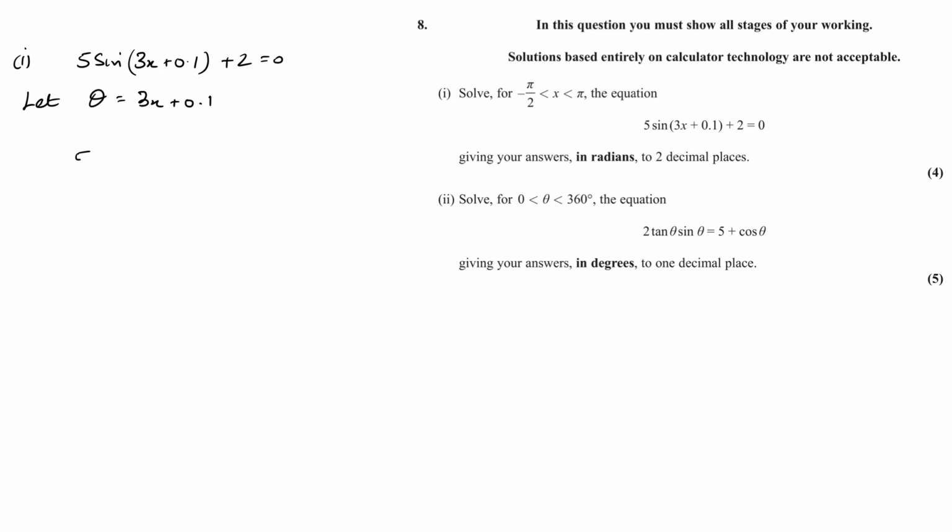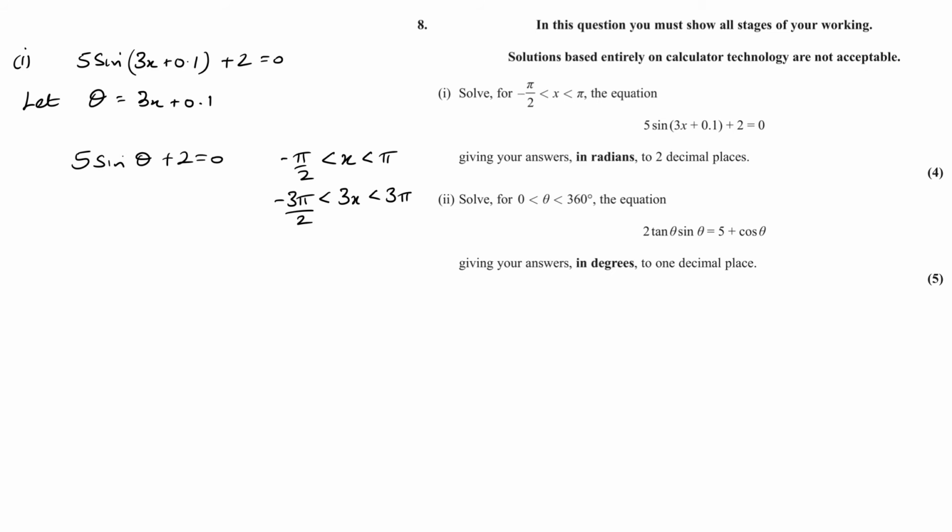So now we have a new equation, 5 sine theta plus 2 equals 0. And we also have a new range. Here's my range there. So if you think about it, let's start with x is between pi and minus pi by 2. 3x is between 3 pi and minus 3 over 2 pi, multiplying by 3.